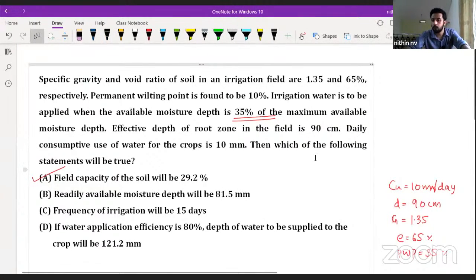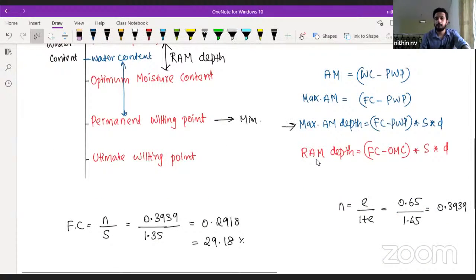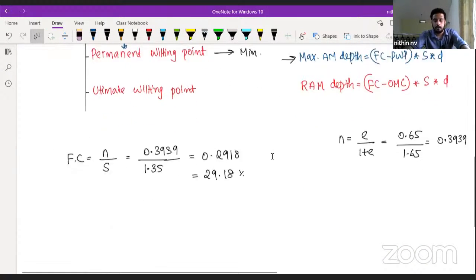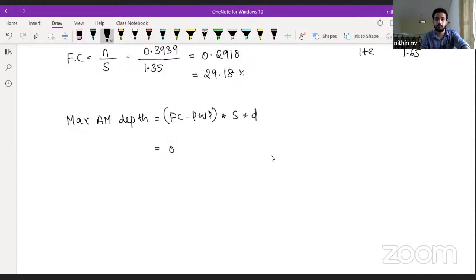Now how can we calculate the maximum available moisture depth? I have written the equation here. Maximum available moisture depth, I'm simply writing AM to save time, is FC minus PWP, permanent wilting point, into S into D. Please tell me how much it is, everyone. If I want to calculate, just convert into decimal and substitute.